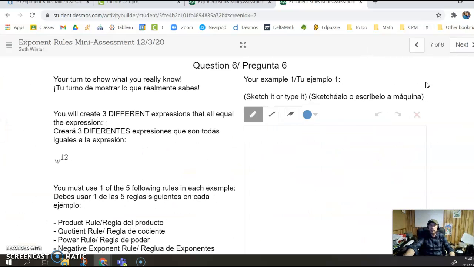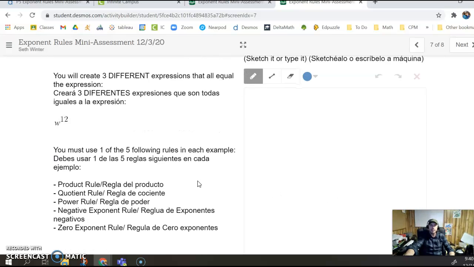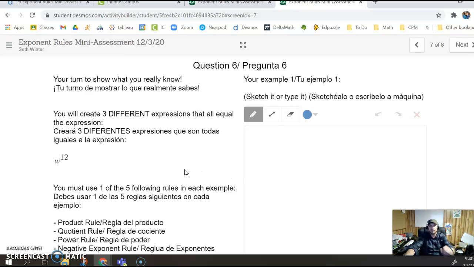All right. Now number 6, all of these equations in periods 4 and 5, you had different variables here, but I'm going to use w to the 12th just to give us this example. A couple of ways we could write w to the 12th. W to the 12th is the same as w to the 15th over w to the 3rd, because that would be the subtraction, 15 minus 3.